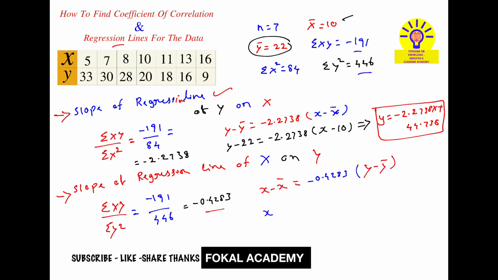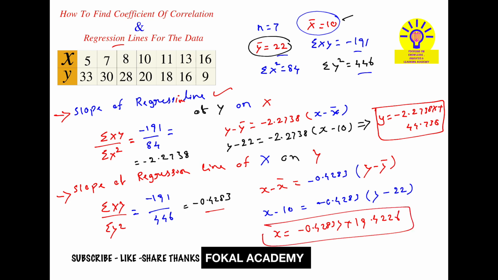So x minus x bar, where the x mean is 10, equal to minus 0.4283 into y minus y bar, which is 22. By simplifying this we get x equal to minus 0.4283y plus 19.4226. So this is one equation, this is another equation.